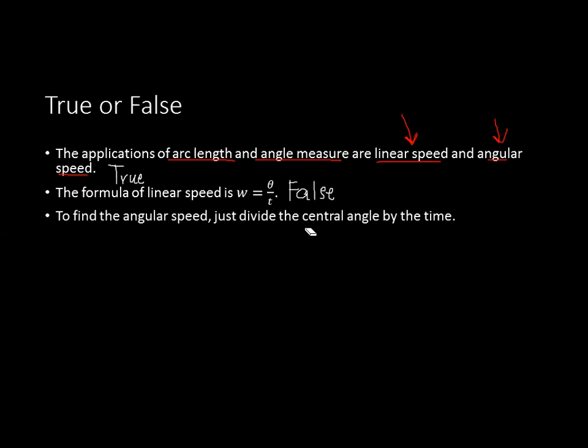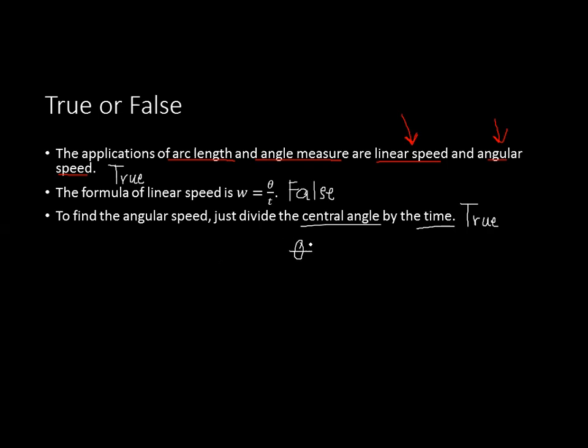Next. To find the angular speed, just divide the central angle by the time. The answer for that is true. I think this is a general statement, not a specific statement. Generally speaking, just divide the central angle by the time. True. But if you're asking me specifically, it depends.